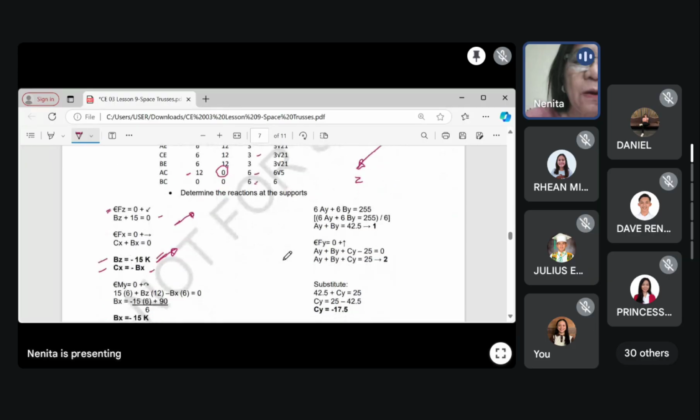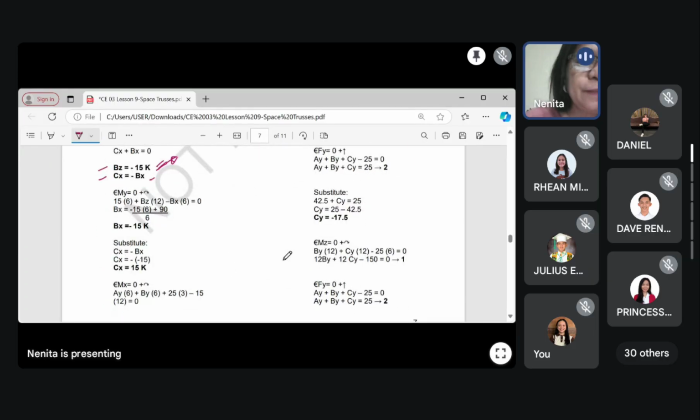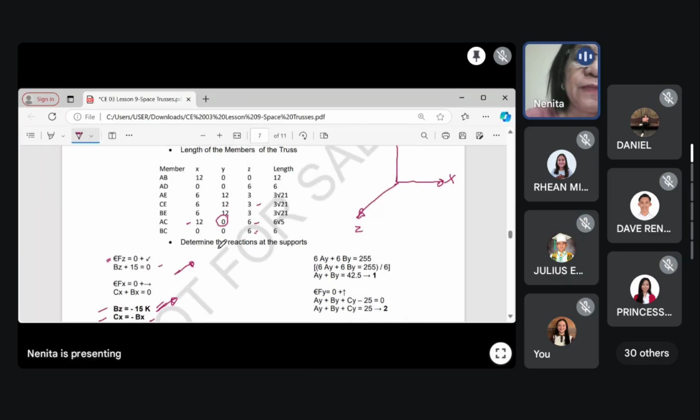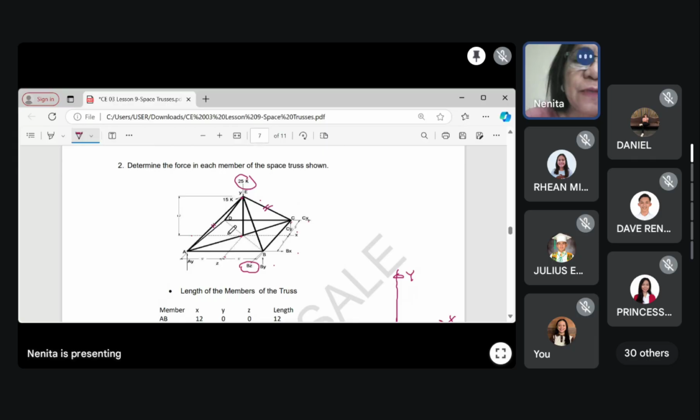How about our 25, diba? Summation of x-axis and 25 natin. Where is 25? This is our 25. Downward. Okay. And then, what is the distance?